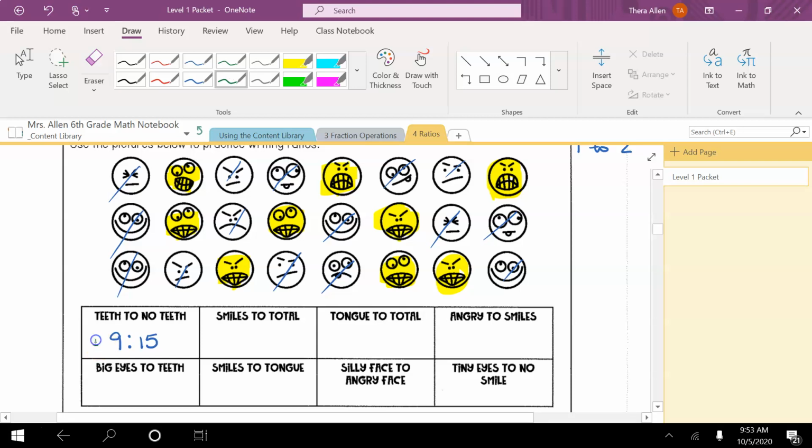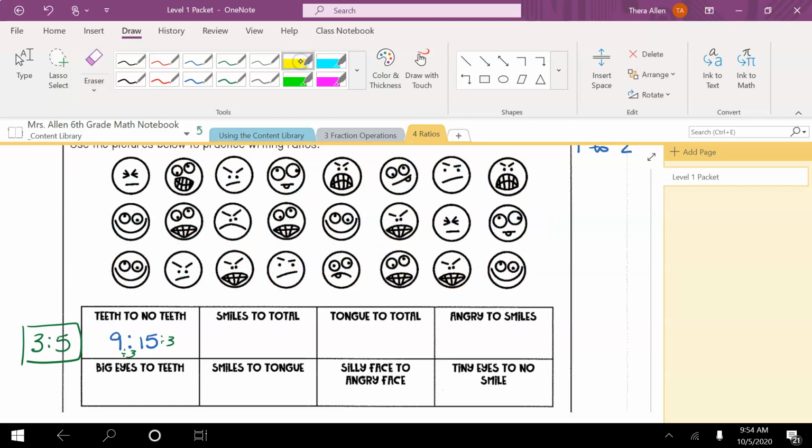So if I divide both by 3, my new ratio would be 9 divided by 3 is 3, 15 divided by 3 is 5. And my new ratio would be 3 to 5. That would be my simplified ratio. We are not going to focus on that right this second, but we will be in just a few videos.